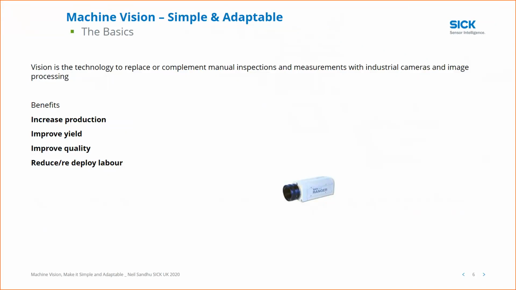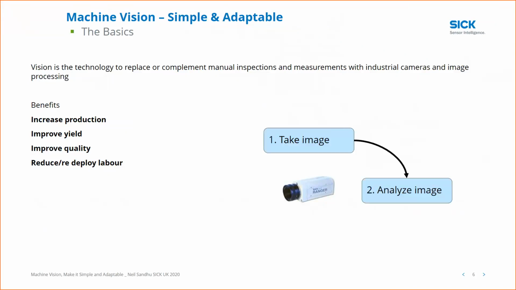And if we look at machine vision as a general guide, we simplify it to four tasks, or a four-step approach, which is taking a picture, and analyzing that picture with software that traditionally nowadays sits on board what we call a smart device or vision sensor.